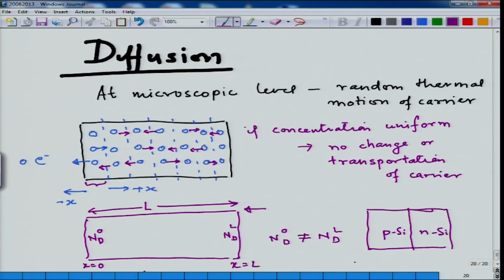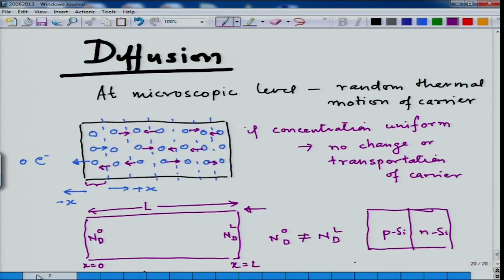For obvious reasons, the carrier concentration of holes here is going to be very different from here, and vice versa, the carrier concentration of electrons here is going to be very different from n to p. So, there are several situations, which we will deal with later in the lectures, where you have a concentration gradient in the device structure or in the material that would lead to diffusion.